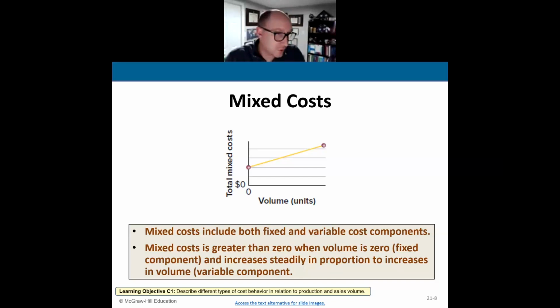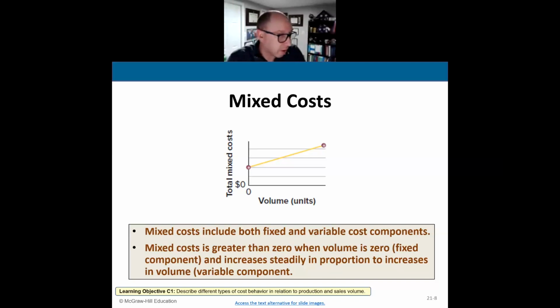So if the base cost is, we'll say, $10,000 a month per machine, which is about what it was. Base cost, $10,000 per month per machine, plus 1 penny once you print more than 10,000 pages per machine. That is an example of a mixed cost. The fixed amount is the 10,000, the base. The variable cost is the 1 cent per page over 10,000. That's what makes it a mixed cost.